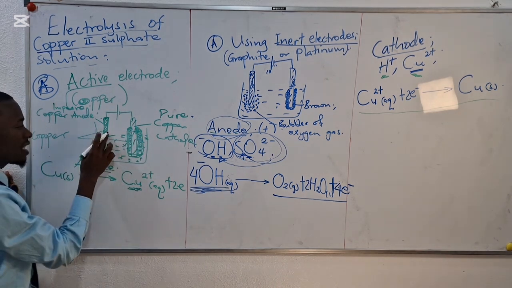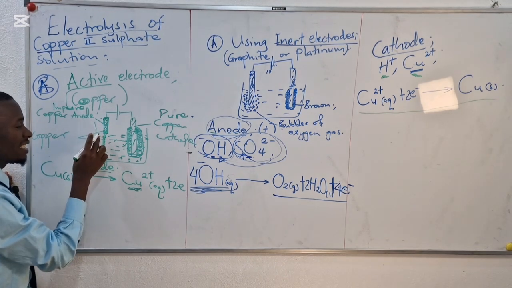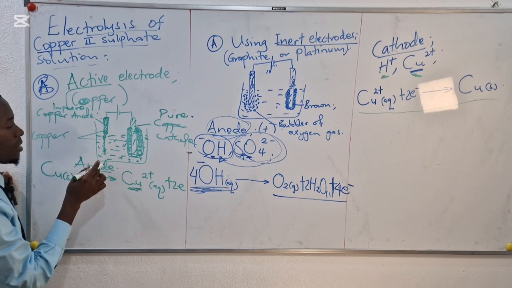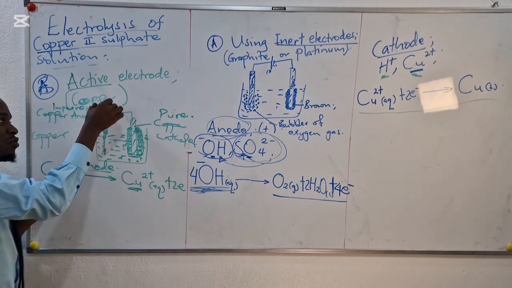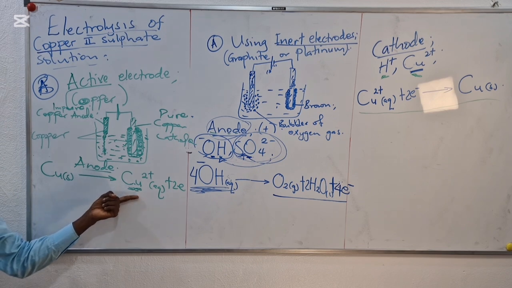And there will be a massive decrease in size of the anode. Why? Because it is dissolving wherever the current passes through it to form ions in solution.